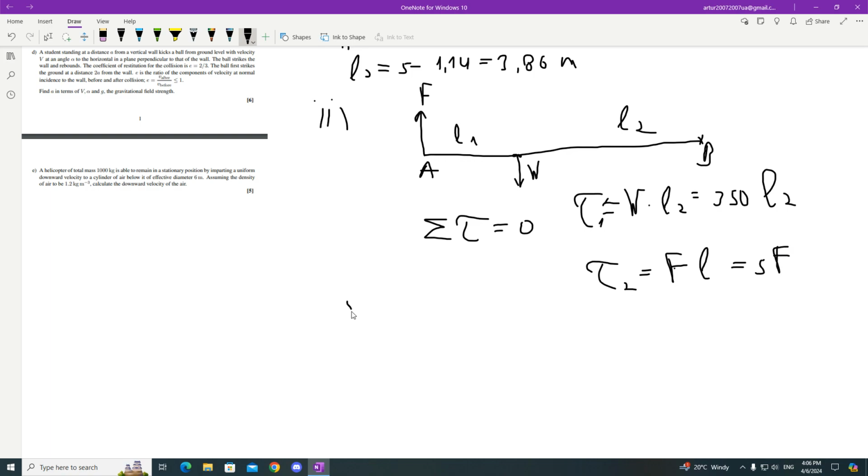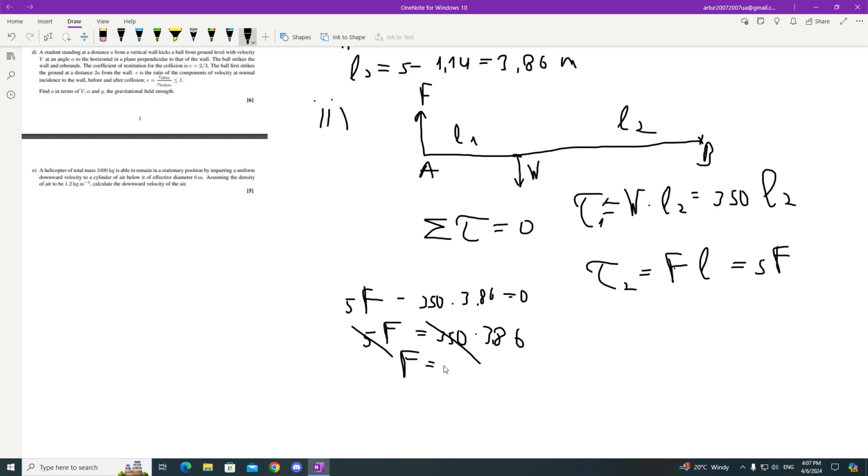So 5F minus 350 times 3.86 is equal to 0. Let's move it to the right part of the expression. It's basic algebra. Now we divide by 5.